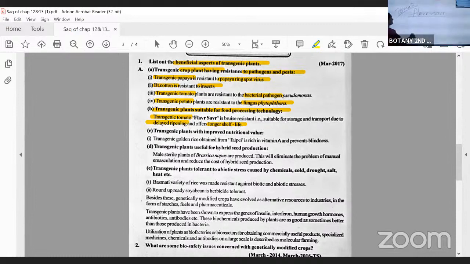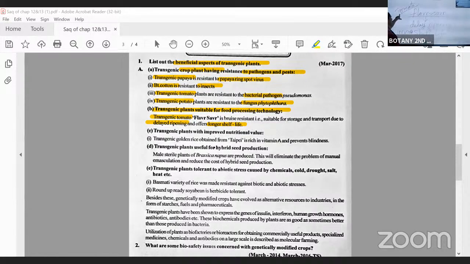So they can easily delay the ripening and increase the shelf life.